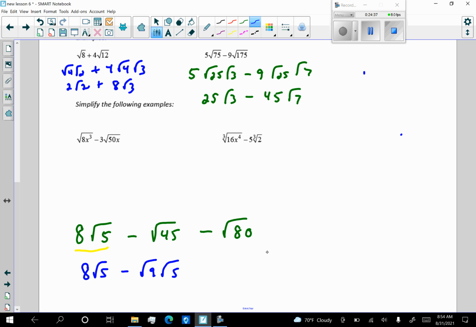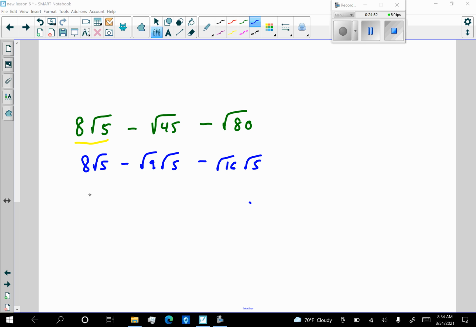So this guy right here is minus square root of 16 times square root of 5, because 5 times 16 is 80. And now this is going to be 8 square root of 5. Square root of 9 is 3 square root of 5. Square root of 16 is 4 square root of 5.